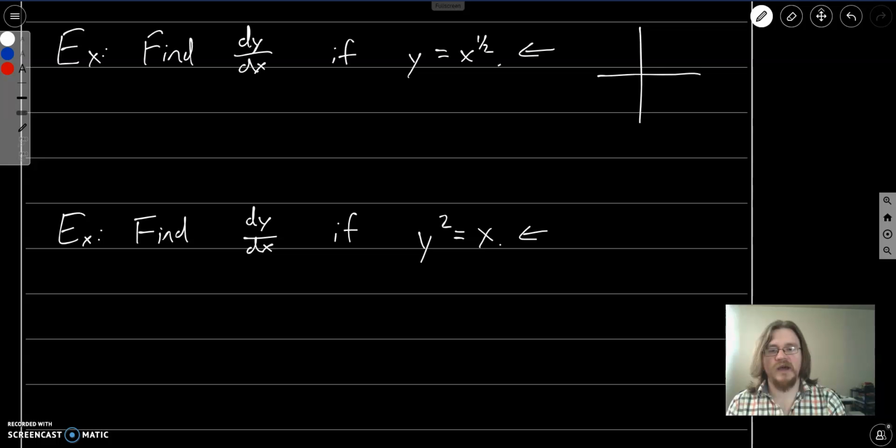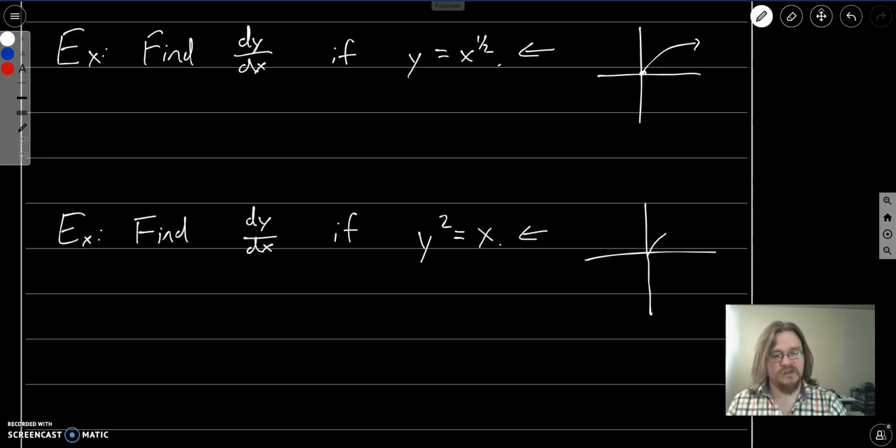Here, if y is equal to the square root of x, we get something that looks like this, and then it stops there because we can't take the square root of negative numbers. So this is what this graph looks like. However, over here, there's a very subtle difference, because now if y squared is equal to x, that means y could be the positive square root of x, or y could be the negative square root of x.